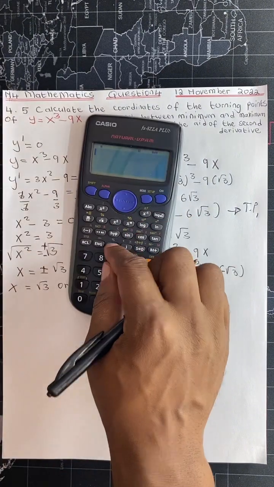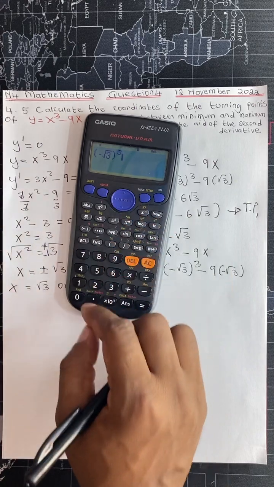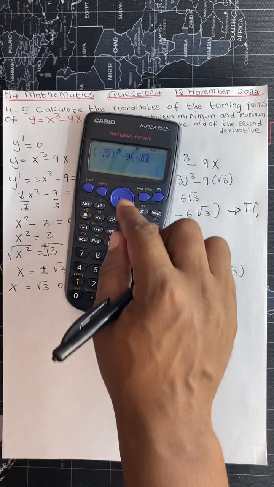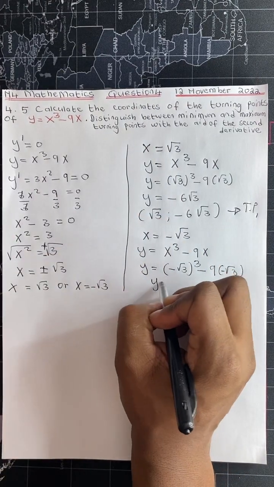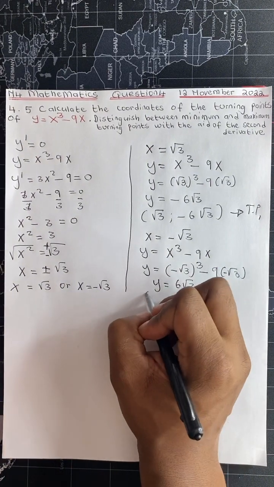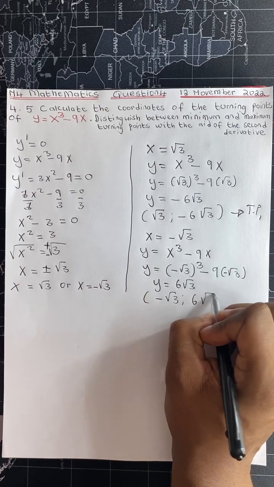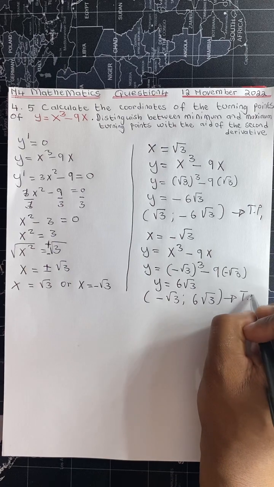And this will be equal to positive 6 times the square root of 3. So when x is equal to negative the square root of 3, y is equal to 6 times the square root of 3. And this is our turning point number 2.